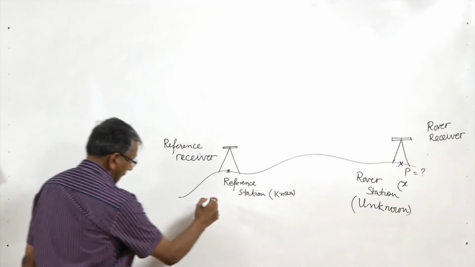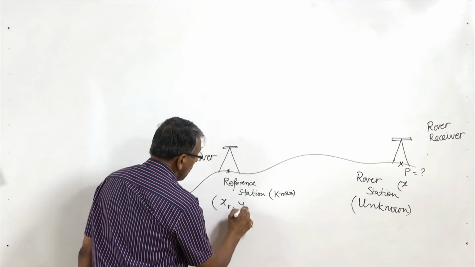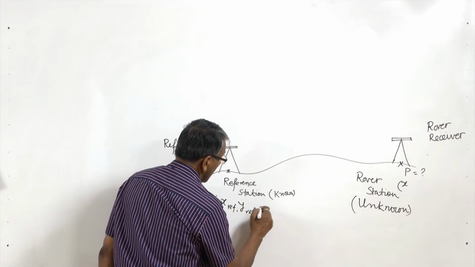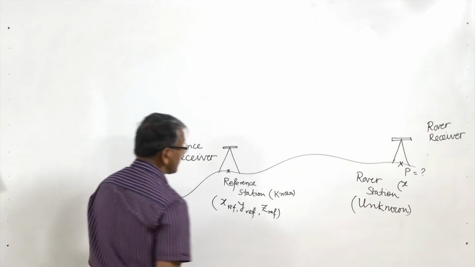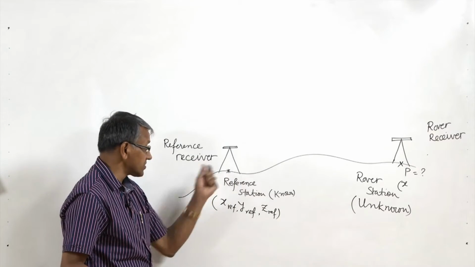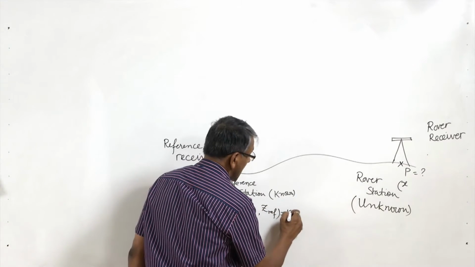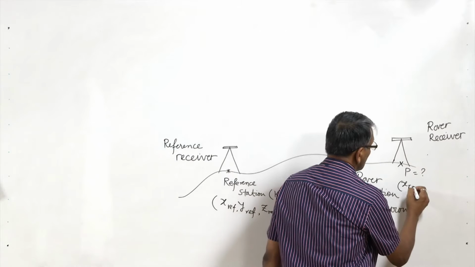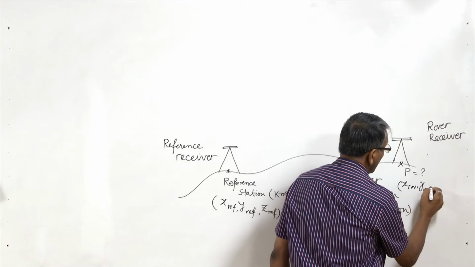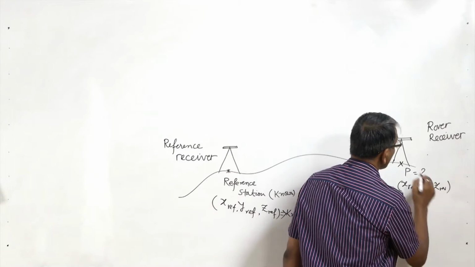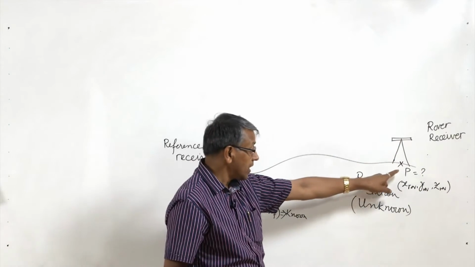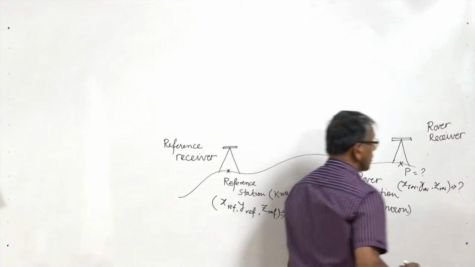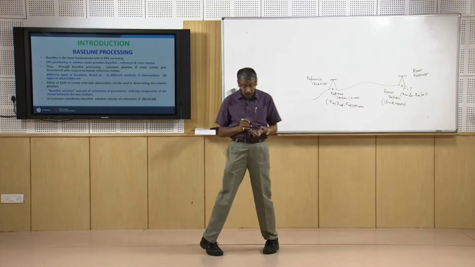So if we say X reference, Y reference and Z reference are the location of this station, these parameters are known. And if X rover, Y rover and Z rover are the coordinates of the point P, which is the rover station, these are not known, so we have to find them out.